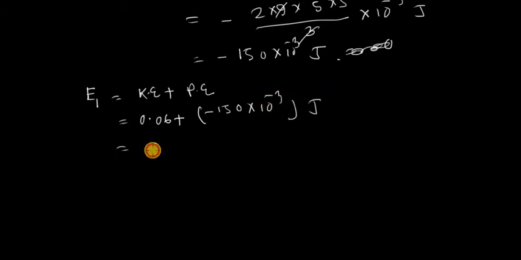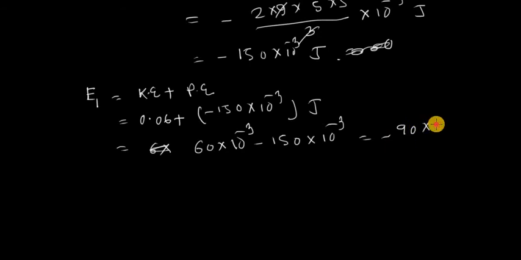That means you can write 60 into 10 to the power minus 3 minus 150 into 10 to the power minus 3. That is minus 90 into 10 to the power minus 3 joule.